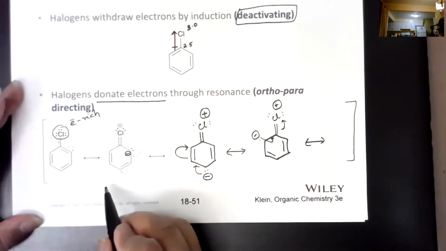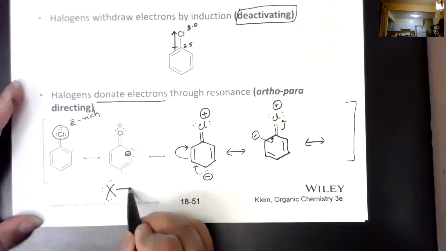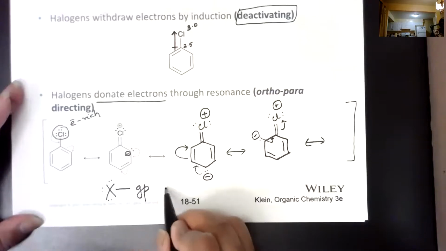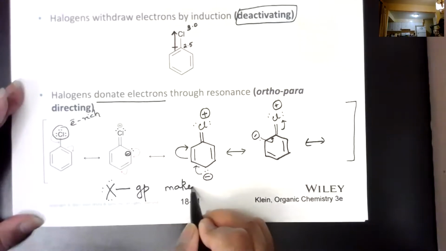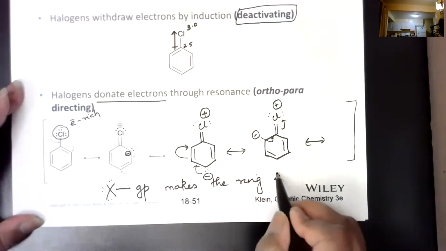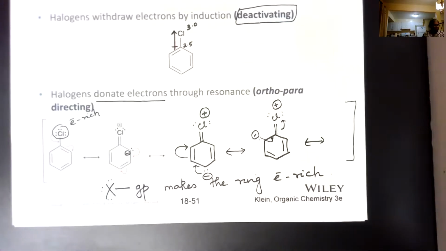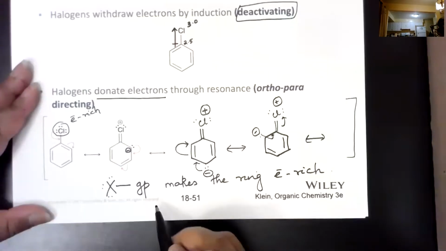So the halogen X group makes the ring electron rich. Okay. And then at what positions does he make it electron rich?